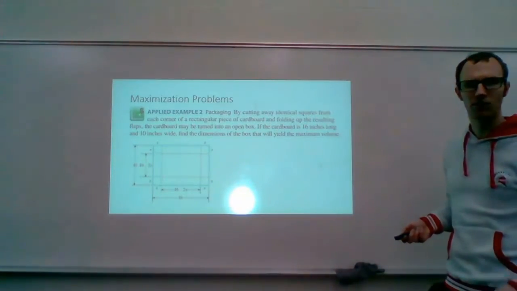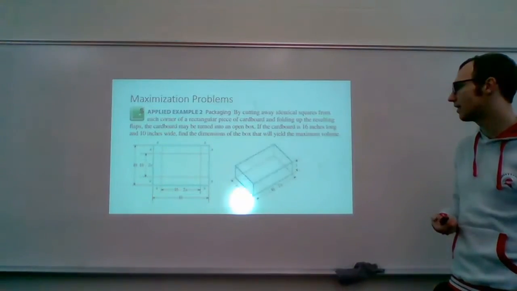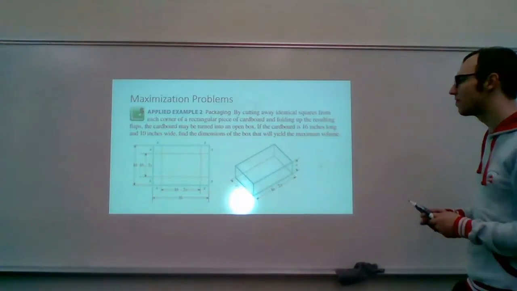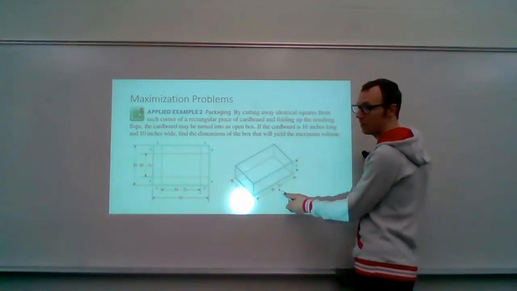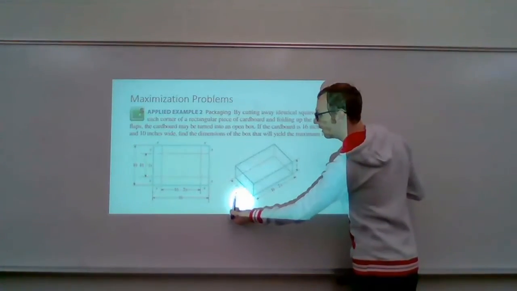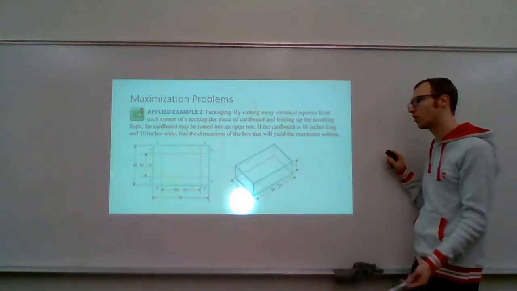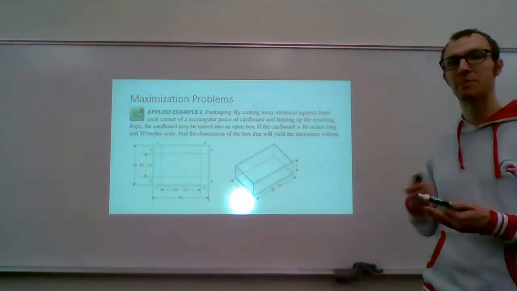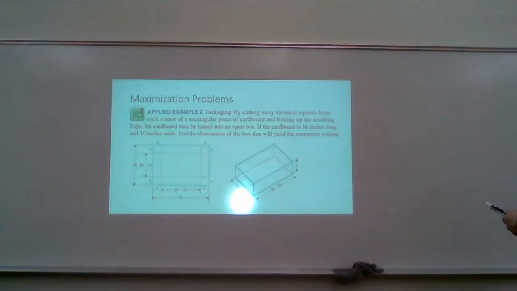Now, I can fold this box up. When I do that, it looks like this. So I can see that the length is 16 minus 2x. The width is 10 minus 2x. And the height is just x. Okay, so I've got my three dimensions there. So this is the drawing, the picture, the creating of the variables.